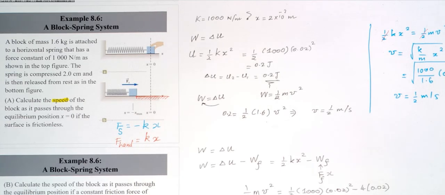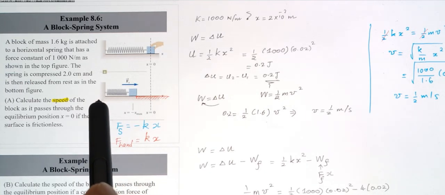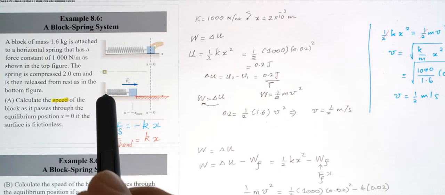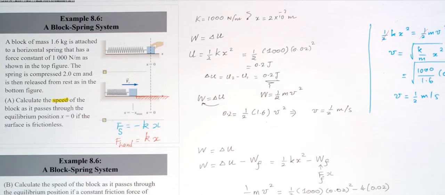So originally here we have an elastic energy, and then when the spring returns to its equilibrium, all this energy has to be transferred into kinetic energy. So we could have written the equation in another way, which is delta K plus delta U equals 0, and then try to solve it. Sure. Yes, that way it removes the confusion. Sure, you can do whatever you like.